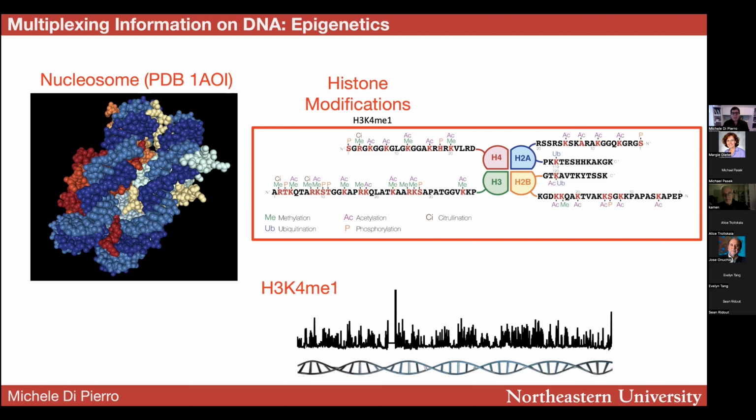And by the way, we have very effective ways to read the epigenetic sequences from DNA, and those are mainly ChIP-seq experiments, chromatin immunoprecipitation and sequencing. These experiments report how much of a certain post-translational modification is found at a locus of some DNA.